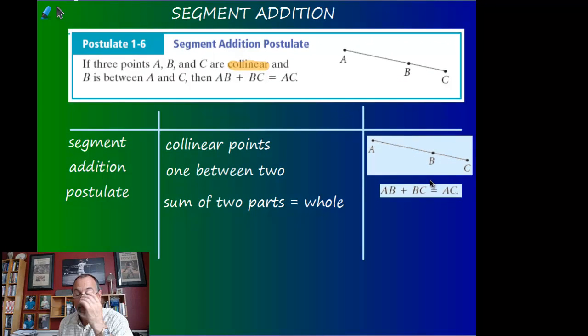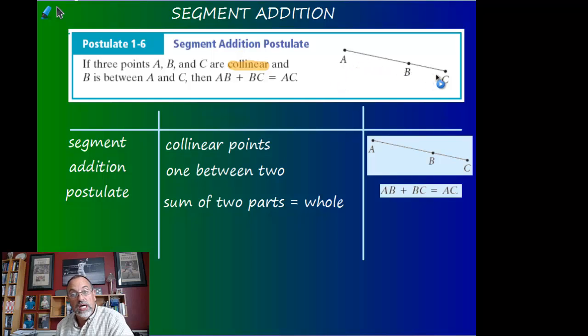Now I want you to notice something here. It's very important. And this goes back to what we talked about in the previous video about the focus of the course in geometry. The focus is about looking at a figure, understanding what the relationship is in that figure, and then being able to write a mathematical expression based upon what I see. So this is the first postulate.